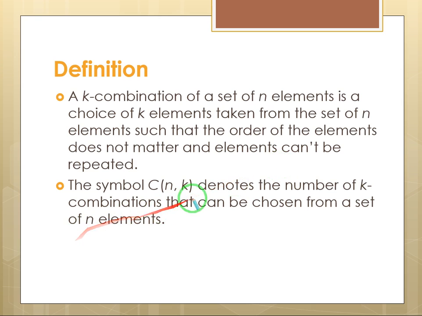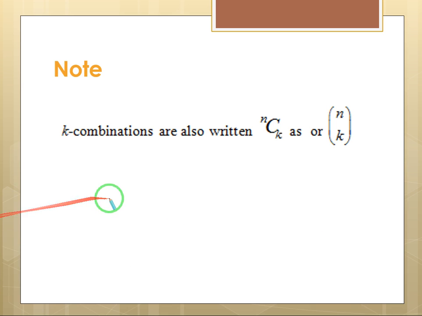The symbol for combination is C, where n is the total number of elements and k is the number of selected elements. It denotes the number of K combinations that can be chosen from a set of n elements.